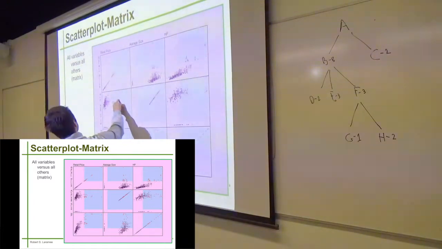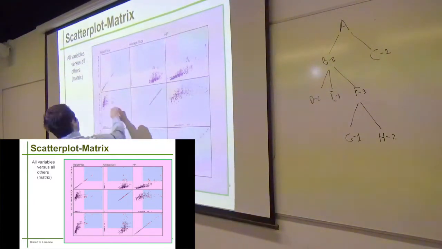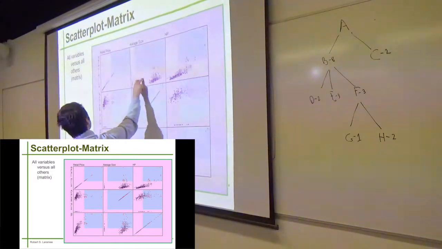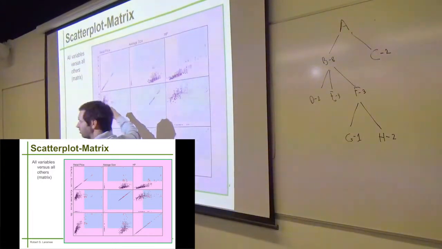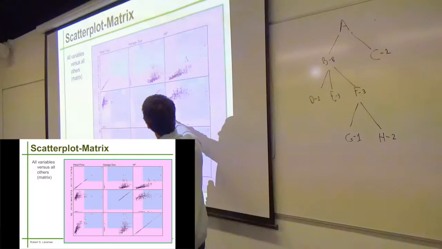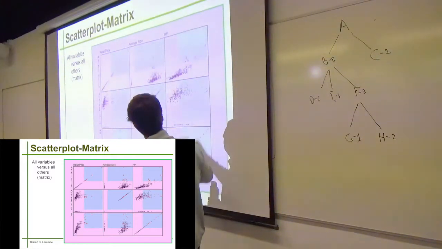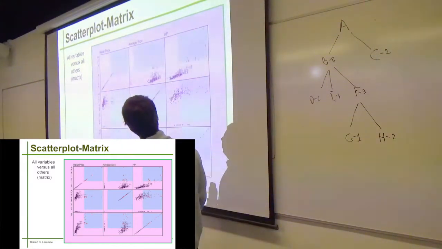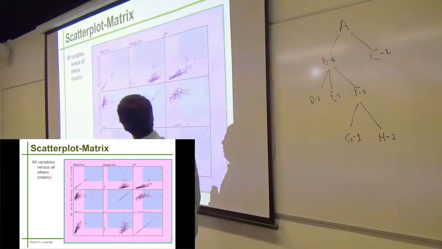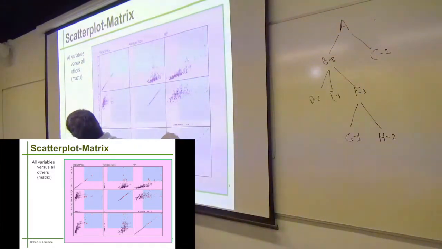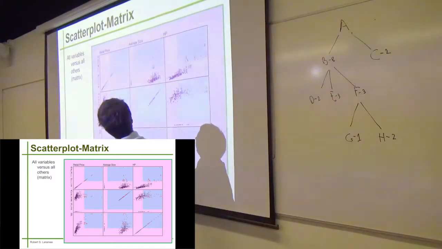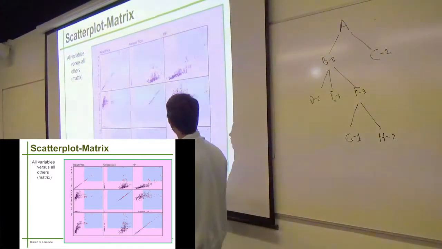Retail price plotted against average size, but that's here also, but the axes are flipped, and so on. This is average size against average size, horsepower against average size, and so on, so that's also redundant. Right? And then we have horsepower versus retail price. Horsepower versus average size, and horsepower versus horsepower.